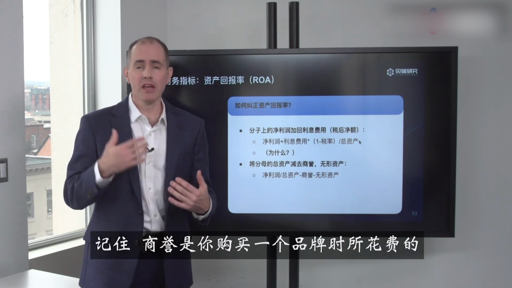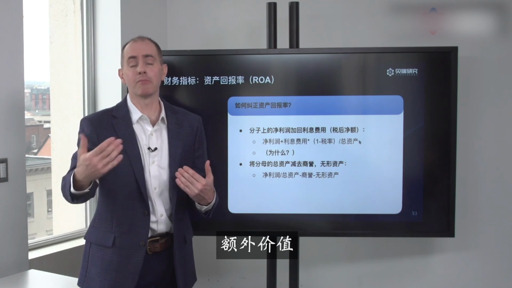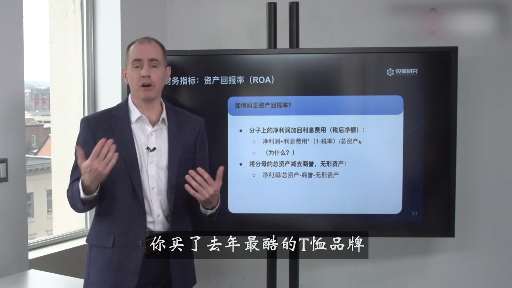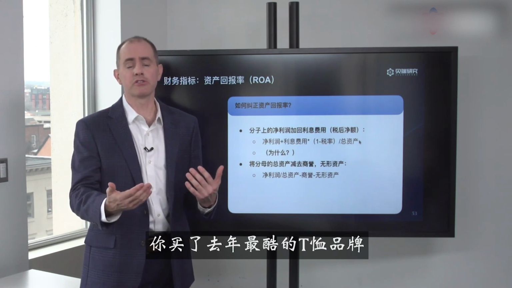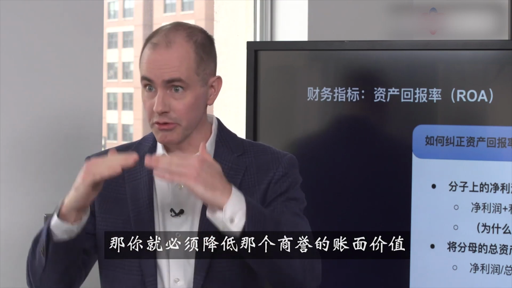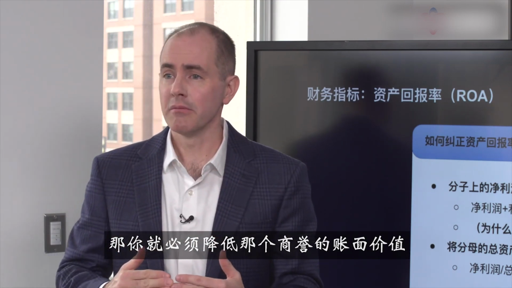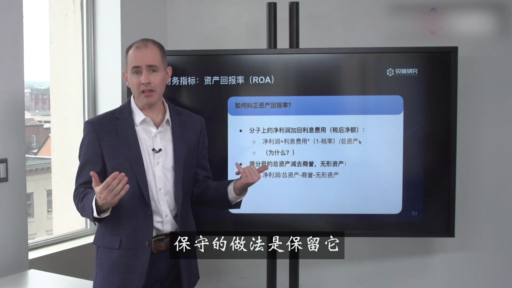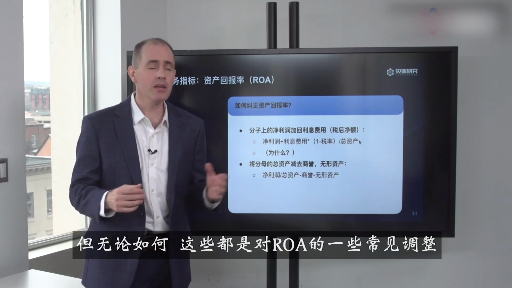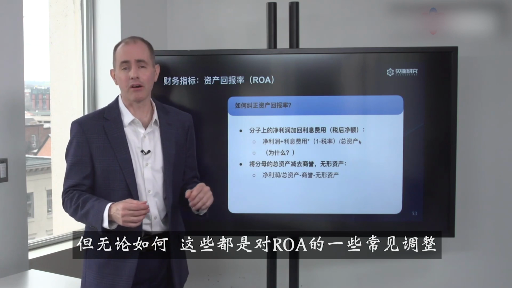Remember, goodwill is the excess value you spend when you buy a brand. And if you think that brand is now impaired, like you bought last year's coolest t-shirt brand, which now sucks this year, you would have to reduce that goodwill carrying value. The conservative way, though, is to keep it in, because it's the company's own fault that it bought those assets. But either way, these are some common adjustments to ROA.